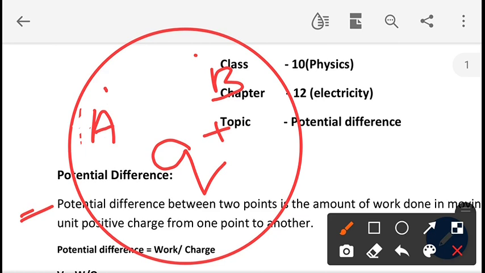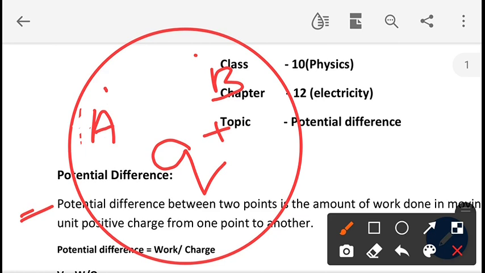That work is called the potential difference between the points A and B. Keep in your mind, only a unit positive charge is moved from point A to B, and in this way the battery will have to do some work, and that work is called the potential difference between the two points A and B.